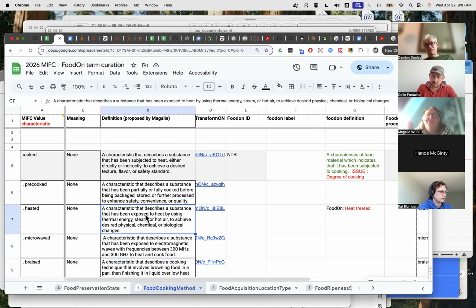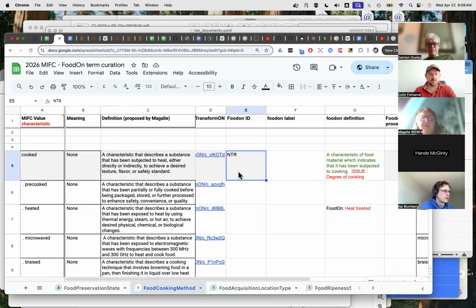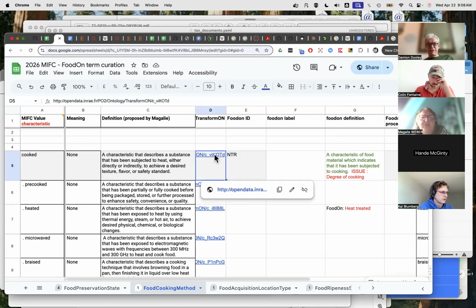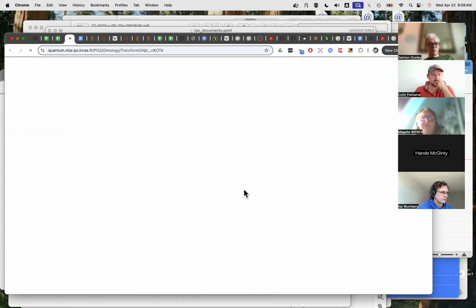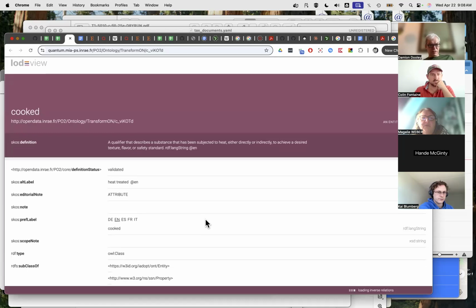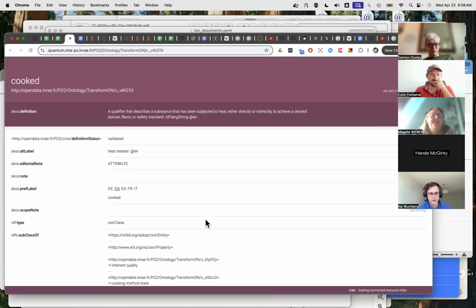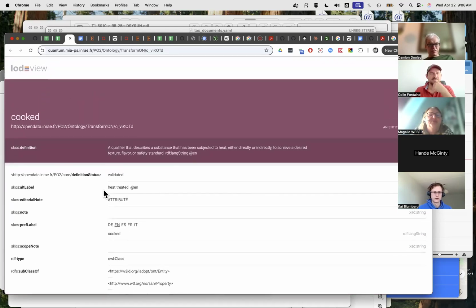And I think I have just in the right of the sheet, did I put the process term also or not? I don't remember. If you click here, you will see that it is a characteristic, because it is an attribute. Oh, okay, gotcha.